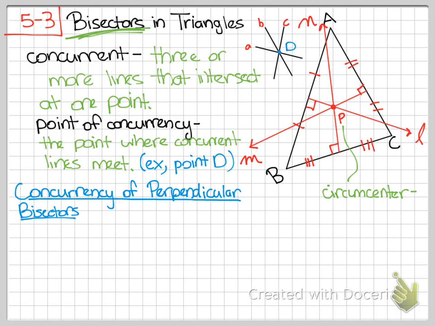The circumcenter is just the point of concurrency for perpendicular bisectors. We'll talk in a second about why that's called circumcenter. So now we're getting into all these names.